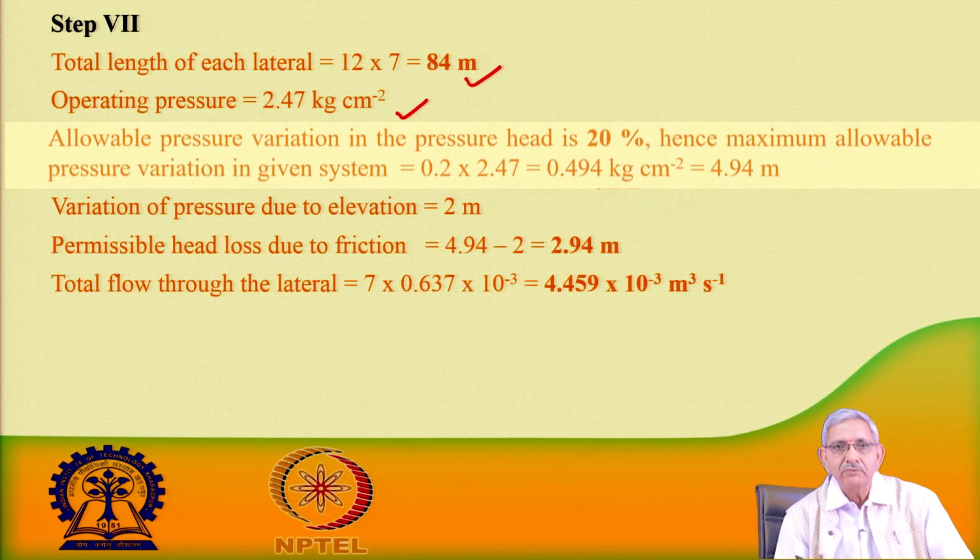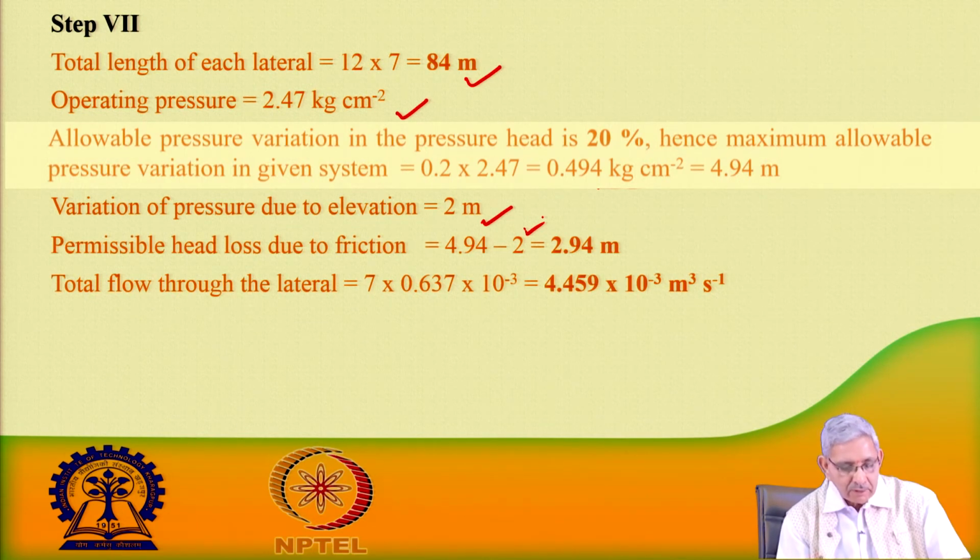Now, this allowable pressure variation will accommodate whatever losses in pressure can take place. In the question it is given that the pressure variation due to elevation is 2 meter. So, from this 4.94 meter, 2 meter will be used for elevation.